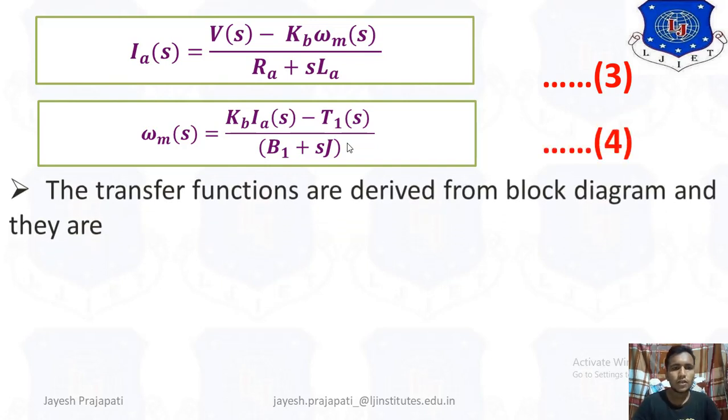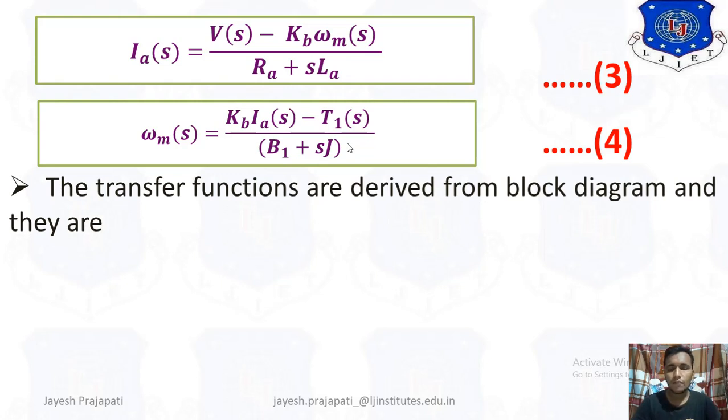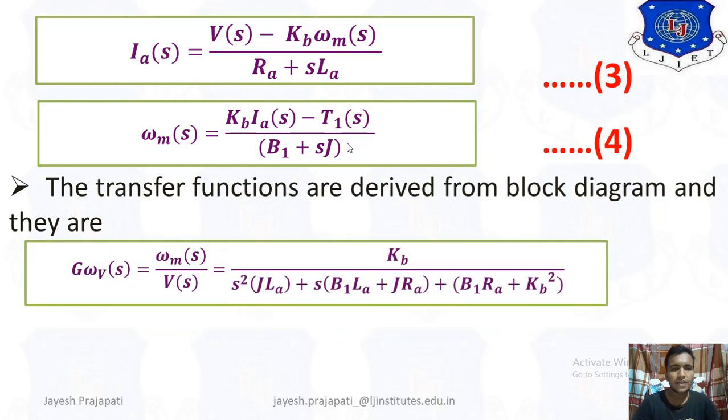Now the transfer functions are derived from the block diagram. The transfer function G omega V(s) is equal to omega m(s) divided by V(s).